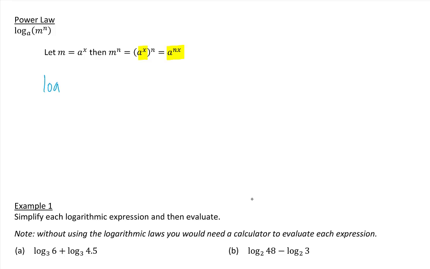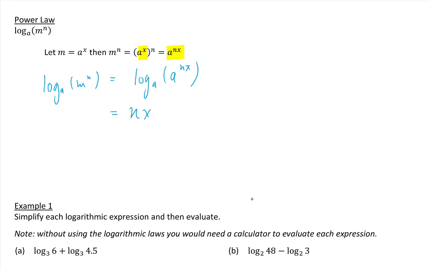So therefore, log base a of m^n is equal to log base a of a^(nx). Again, we're taking the logarithm base a of a power with a base of a, so the answer is just the exponent n times x.